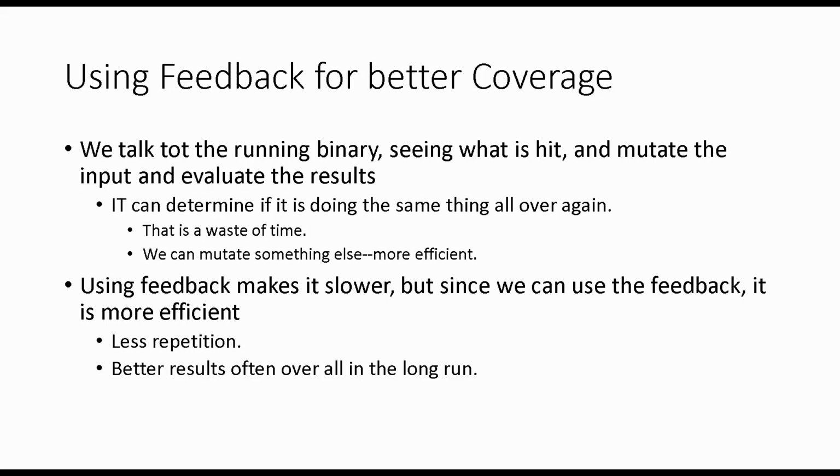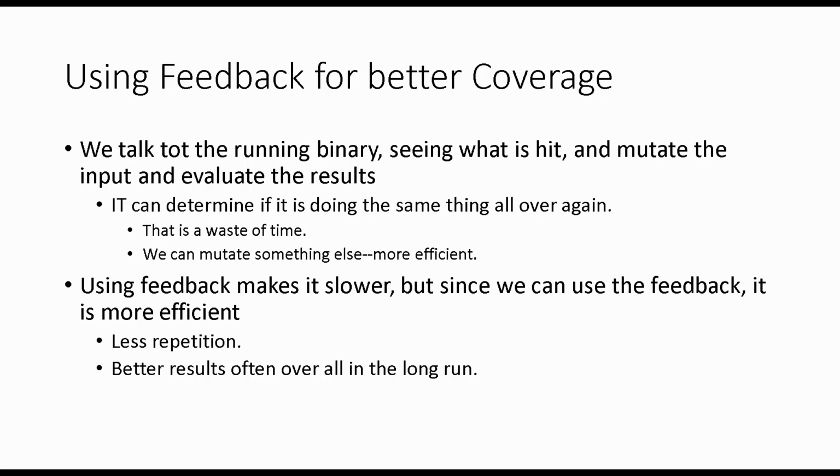AFL is also smart, so it can determine if it just keeps on doing the same thing over and over again, which is just a waste of its energy. We want to be more efficient about this, to gain greater code coverage and try to gain crashes.